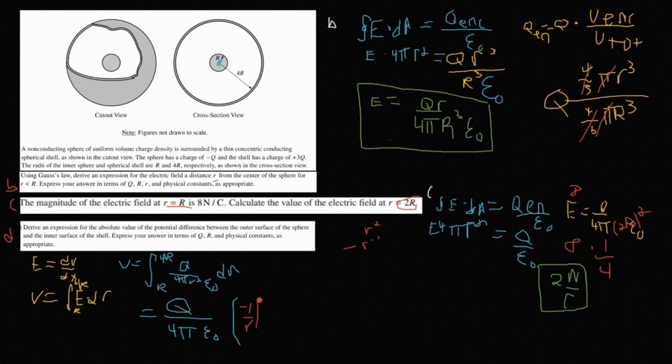And then we're going to evaluate this from r to 4r. And then now I could just substitute in values.